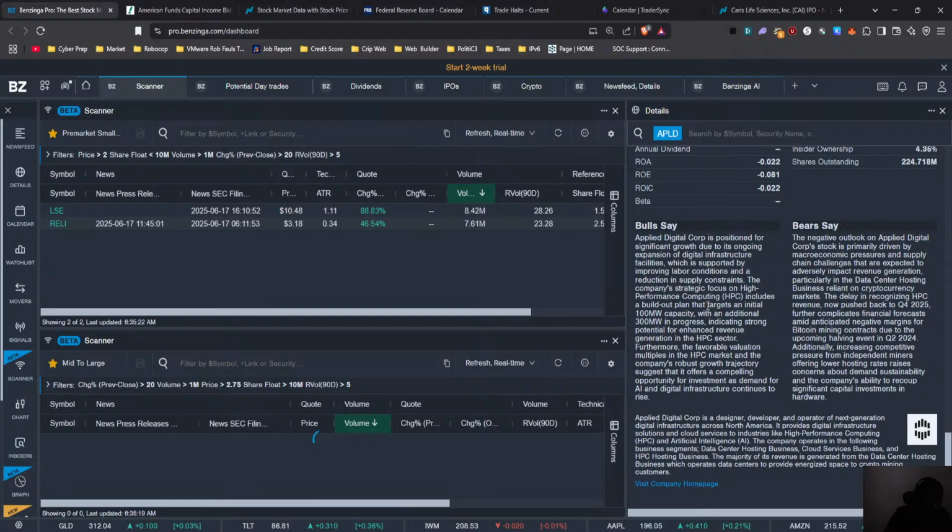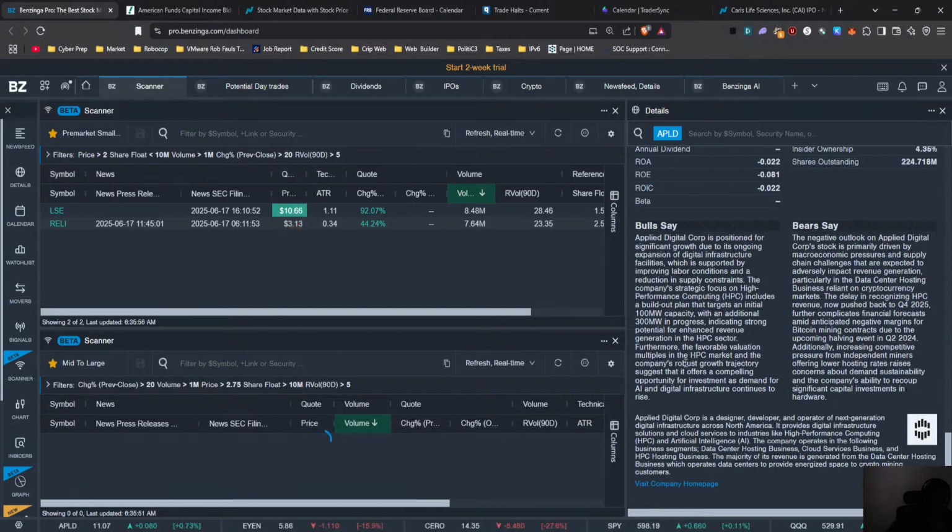The company's strategic focus on high performance computing includes a build out plan that targets an initial 100 megawatts capacity with an additional 300 megawatts in progress, indicating strong potential for enhanced revenue generation in the HPC sector, the high performance computing sector.